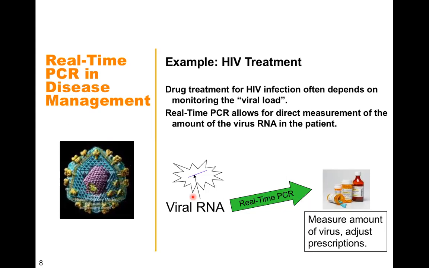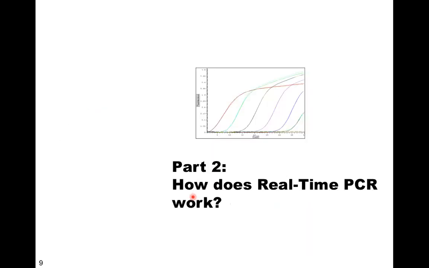That CT value shows us the load of virus in our body. Lower the CT value, higher the load. Higher the CT value, lower the load. That I'll come to. So let us start with how this real-time PCR works.